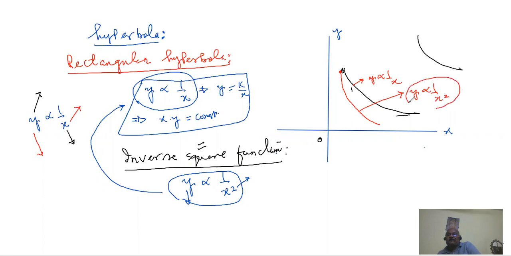When x becomes 2 times, y will be decreasing by 4 times. Here if x increases 2 times, y becomes half. So in case of an inverse square function, we get a graph which is like a rectangular hyperbola, but as you go to higher values of x, to the right, the curve drops very quickly compared with a rectangular hyperbola.